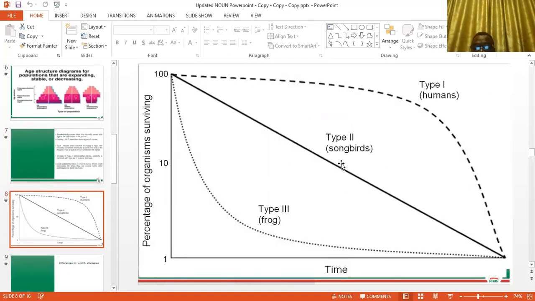So here is a chart to show type 1, type 2, and type 3 survivorship forms, and these are found in different organisms. In humans, we have type 1. In birds, we can see type 2. And frogs and reptiles are found in type 3.